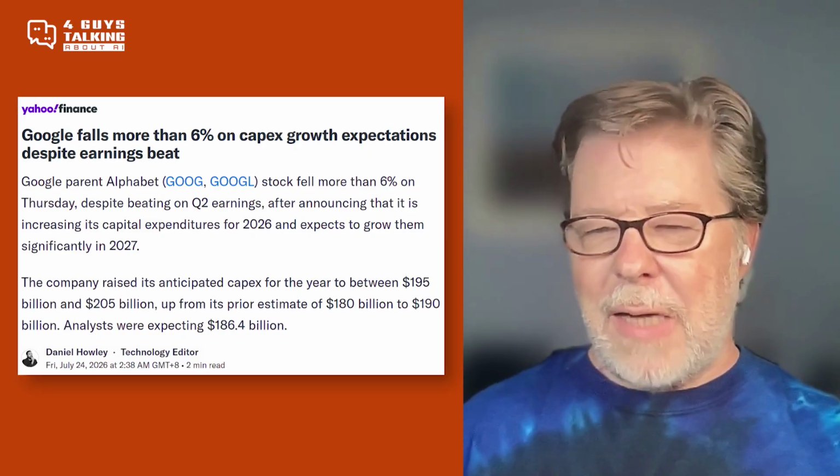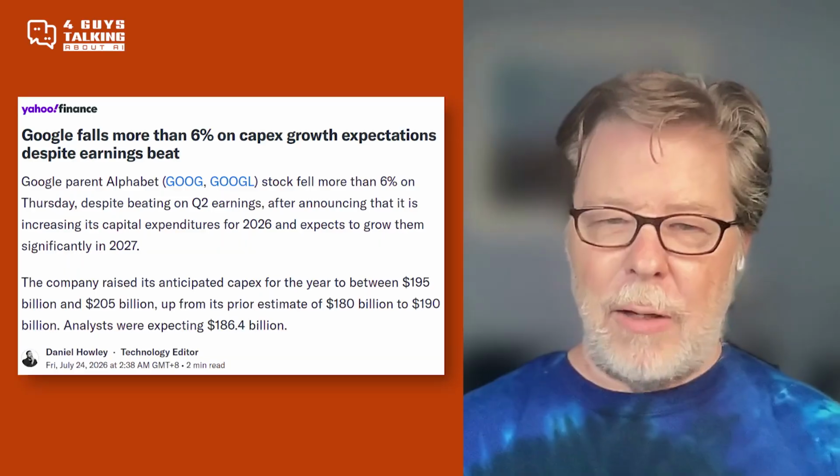So this is spending that's being acknowledged by Google. But there's all kinds of debt that is apparently being hidden, or marginalized, or downplayed. Talk about that a little bit.